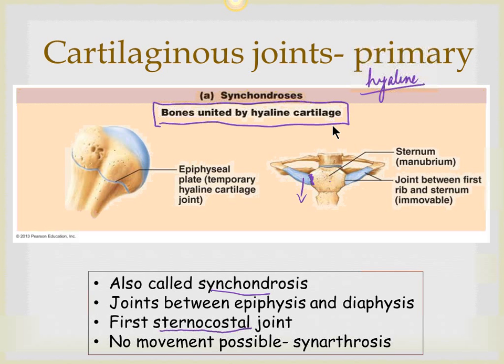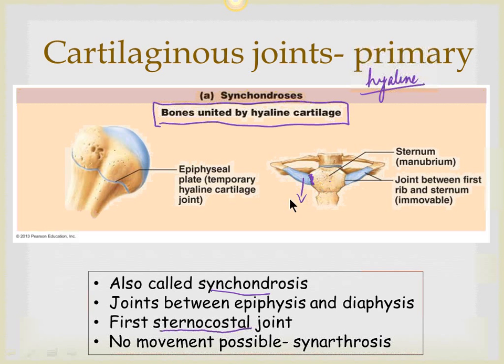So there's no movement possible at these primary cartilaginous joints. And think about it. Between the epiphysis and diaphysis, where this bone is present, is there any movement possible? They don't move. The epiphysis and the diaphysis don't move about, right? Similarly, there is no movement between the sternum and this costal cartilage because they are fused to one another.